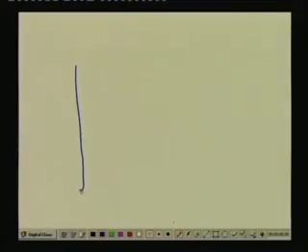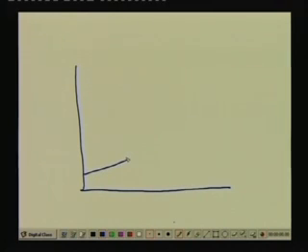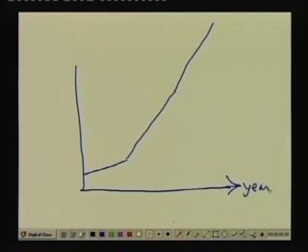Suppose we just look at a simple graph. This is year versus performance of a particular organization.